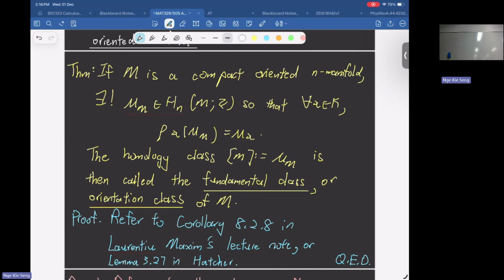Your top cohomology is always dimension 1, because you cannot wedge anymore. If you wedge more, you go 0 already. So in this case, you can think of this fundamental class as corresponding to the volume form, the n-form, the top form. But we don't prove it.